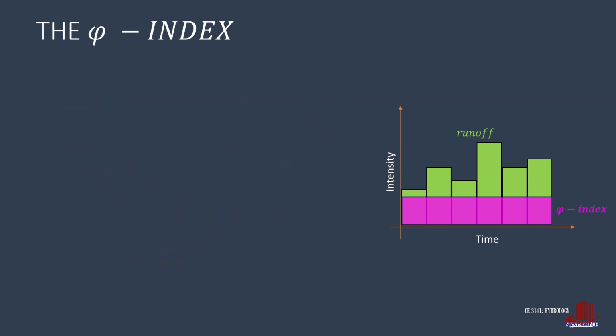Now to correlate the Phi index with the runoff. The rainfall volume less the Phi index by the duration of the excess rainfall is equal to the total direct runoff.